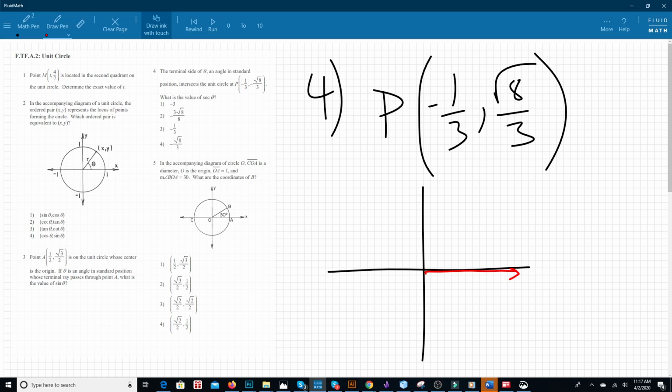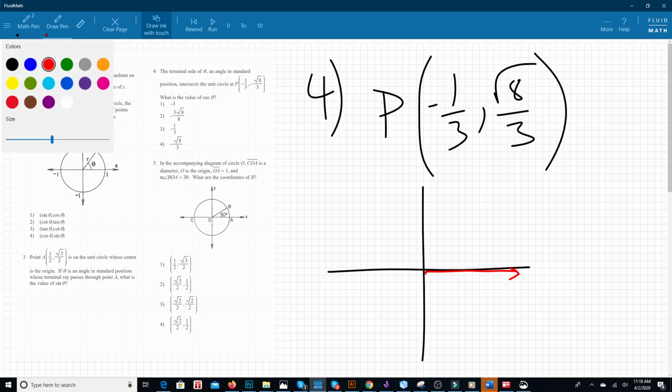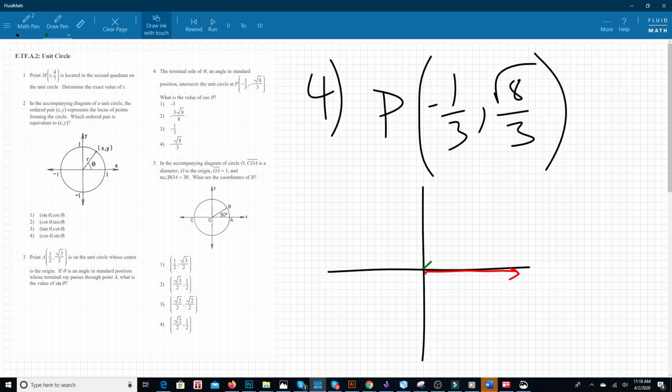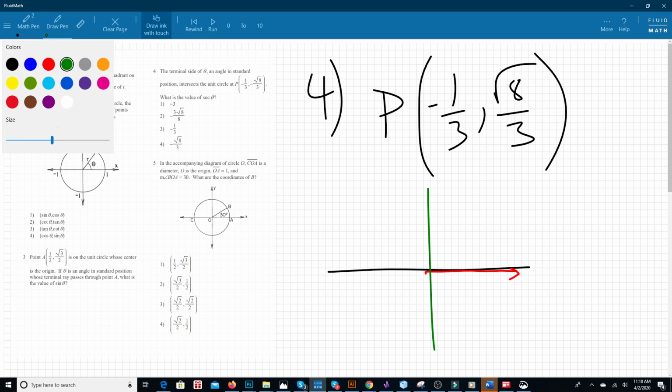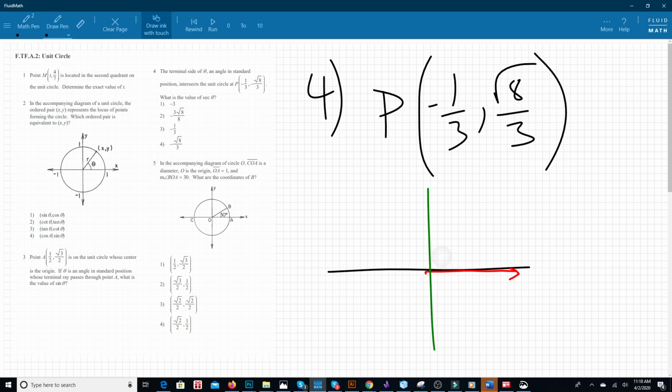And then when I go anywhere else, like say, let me make that a green color, right here. Oh man, this thing is hard to use. Let me get black. See, if I went right here, that would be my terminal side. Or if I went right here, that again would be my terminal side.